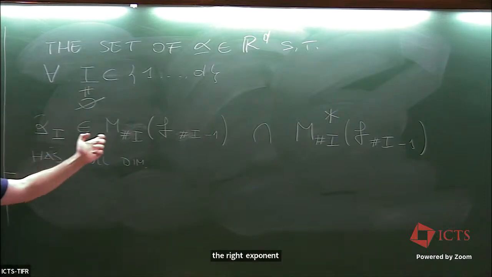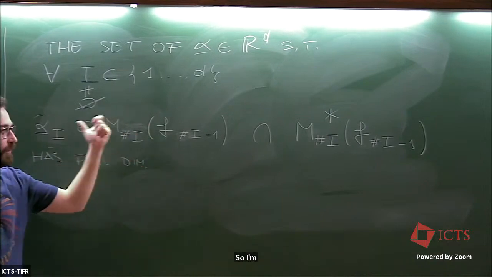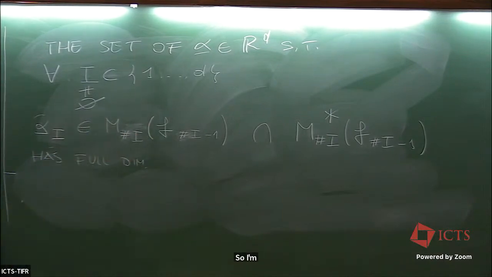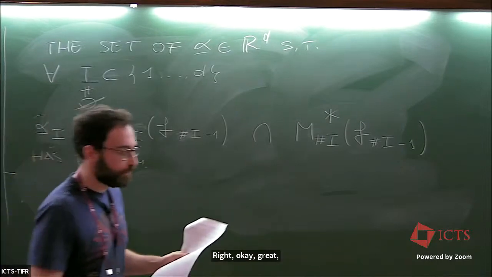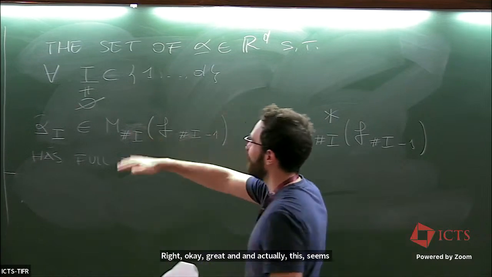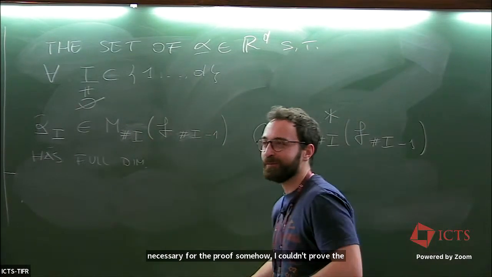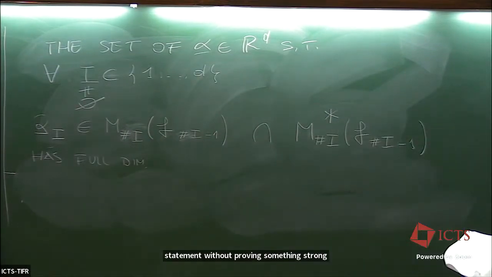I'm saying it satisfies not only something like this, but also a dual version of this. And the dual version is where you have a linear form. Okay, great. And actually this seems necessary for the proof. Somehow I couldn't prove the statement without proving something stronger.